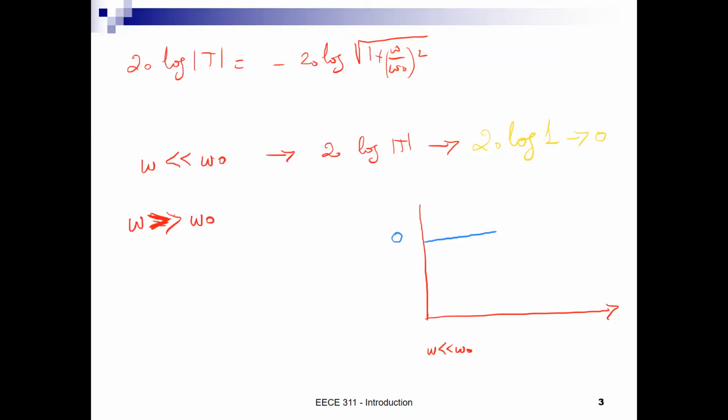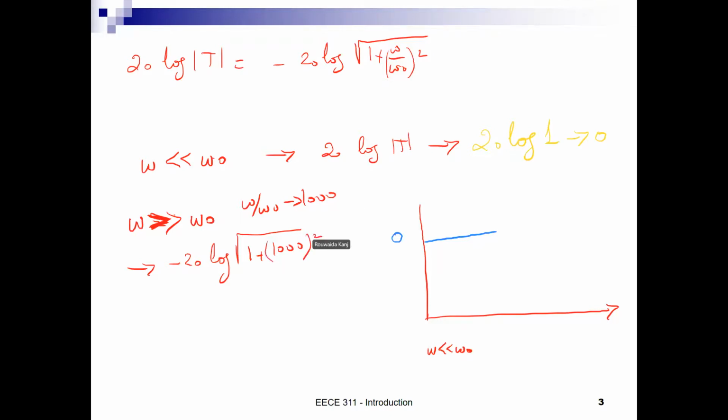With the 1, this tells me that 20 log magnitude of T becomes minus 20 log the square root of, would the 1 be comparable? For example, if I'm taking 1 plus 1000, because omega over omega 0, for example, tends to 1000. Okay, would the 1 matter to me here?